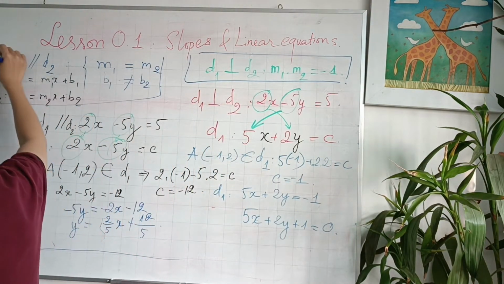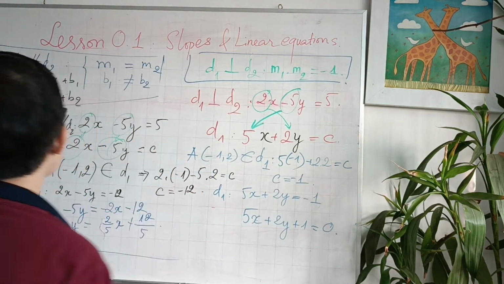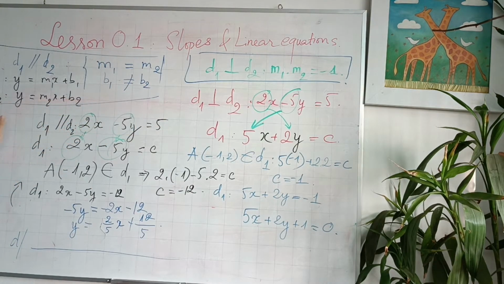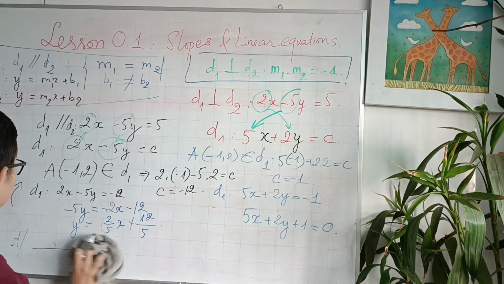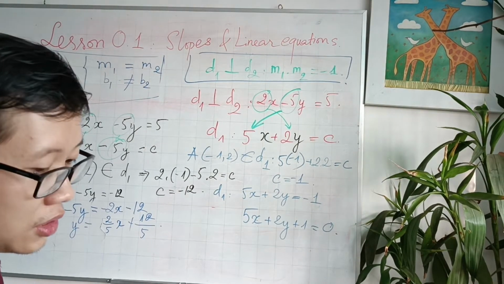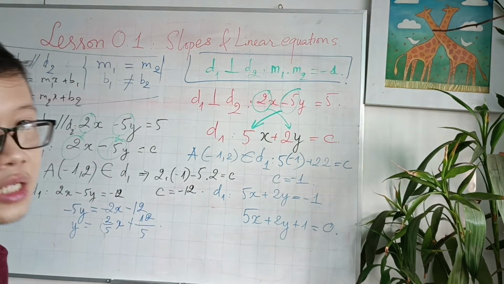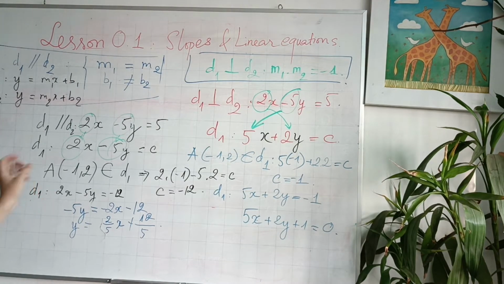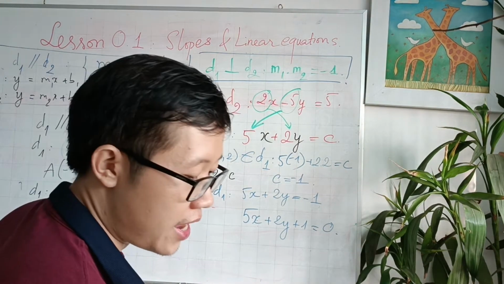As I said at first, we apply two formulas when D1 and D2 are written in slope-intercept form. So I can illustrate this here.